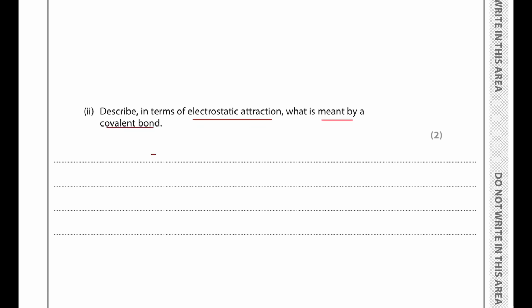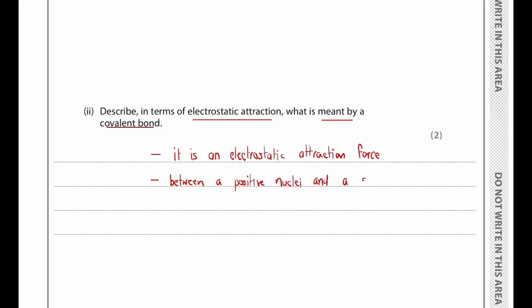So it is an electrostatic attraction force between positive nuclei and a shared pair of electrons.